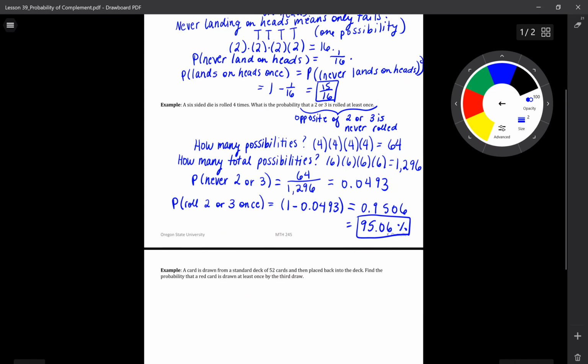All right, one last example. A card is drawn from a standard deck of 52 cards and then placed back into the deck. Find the probability that a red card is drawn at least once by the third draw. So again, this is the opposite of not drawing a red. So how many different ways are there to not draw a red?